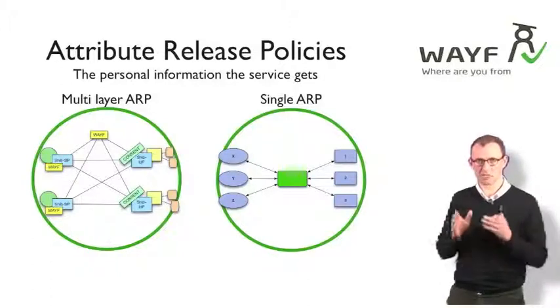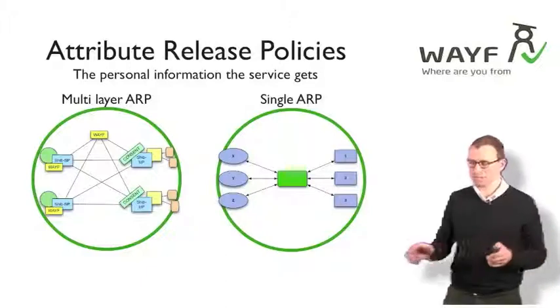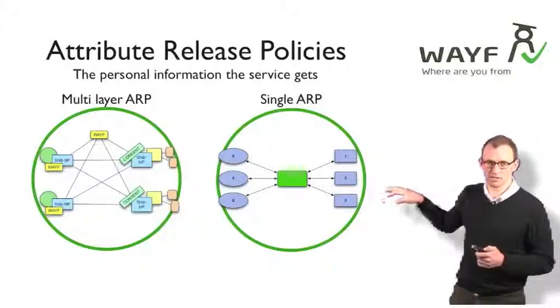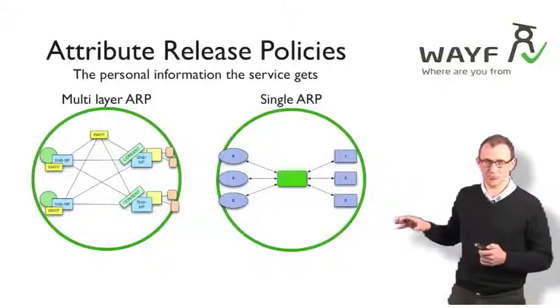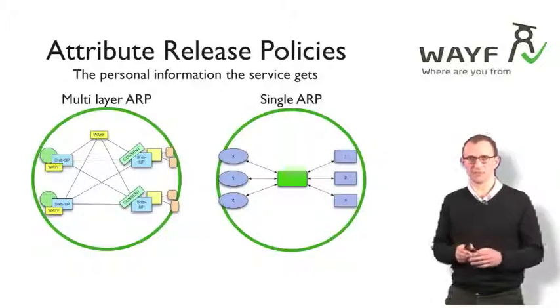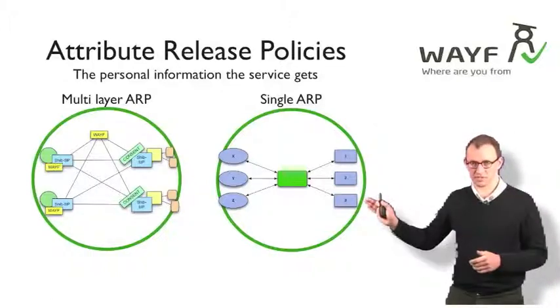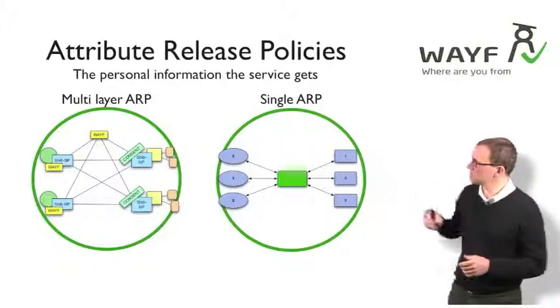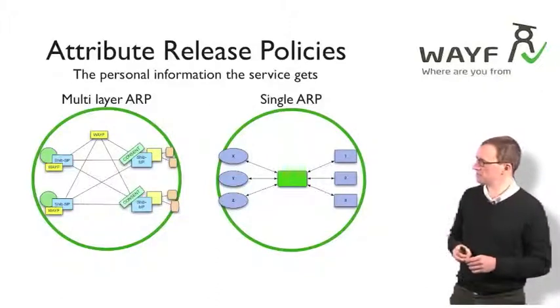Now, there's a question of negotiation power here. Being a central hub with hundreds of thousands or millions of users behind you puts you in a much stronger position when negotiating what information to send over to services. And this is one important aspect of the differences between these architectures.